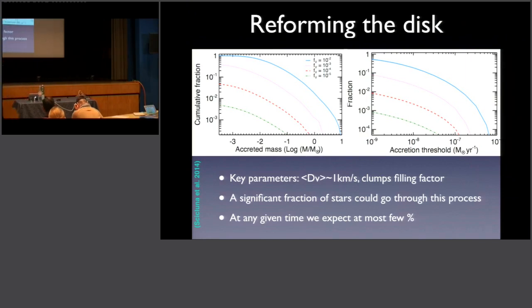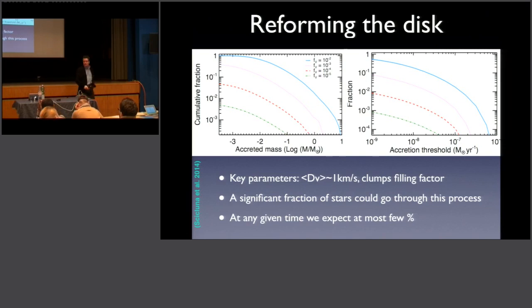Well, it depends a lot on two parameters. The key parameters are the velocity dispersion of the stellar population. The faster they are, the less they accrete, obviously. But the slower they are, the less chance they have to go through the cloud and find a dense core. And the other is the clumps' filling factor, the filling factor of the dense material in the cloud.